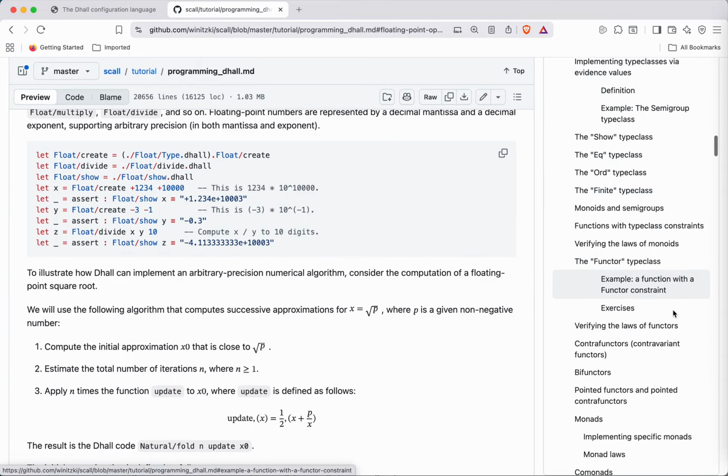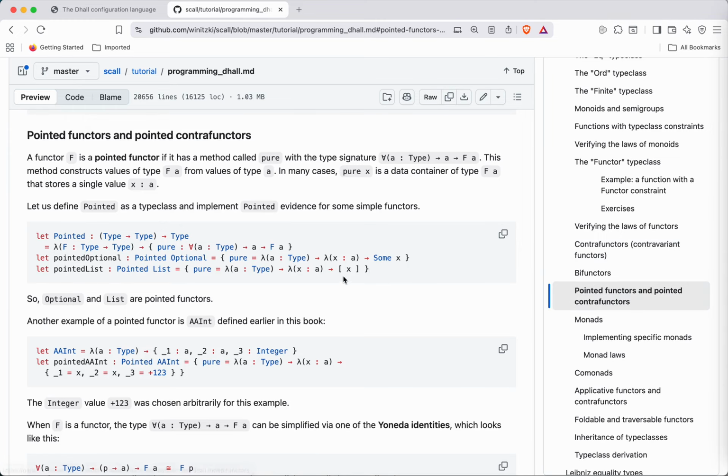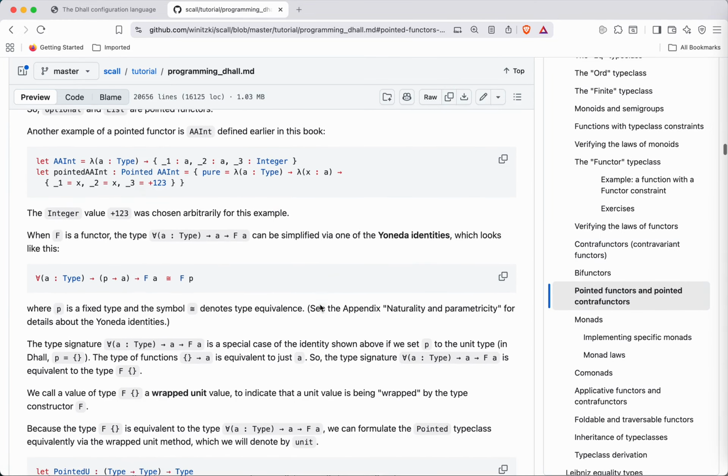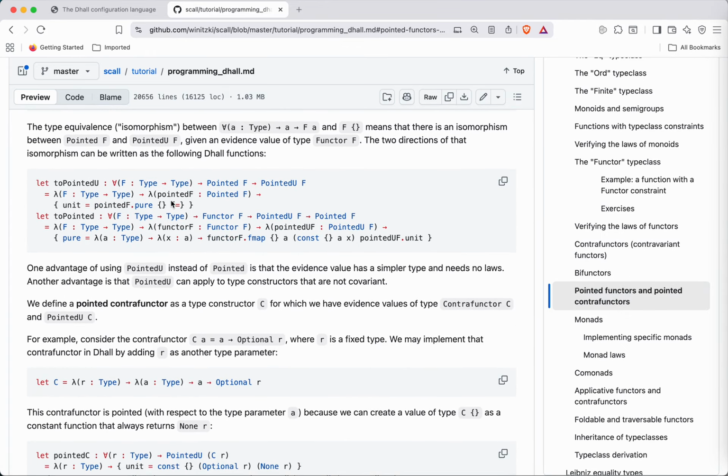Certainly it is not very ergonomic, it is not very short to write code, but you can write exactly the same kind of code as you write in Scala or Haskell, in languages that have type classes, except that the type class evidence are explicit values. So I will just show you an example of what you would have to write.